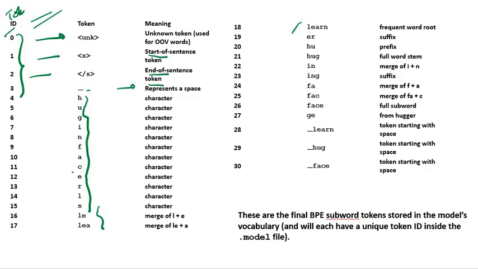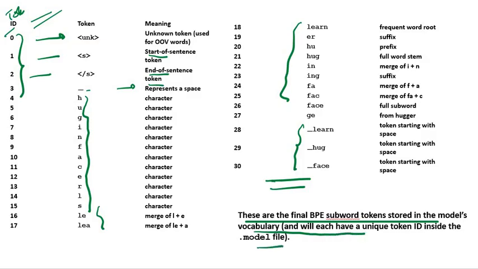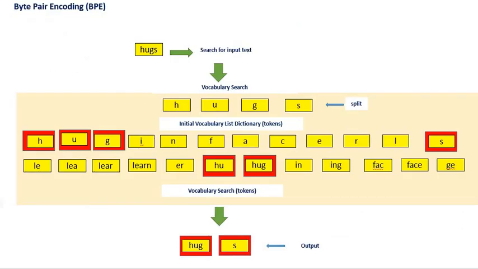So the entire summary is provided here, irrespective of the corpus I have shown. Finally, a total of 30 tokens has been formed from there. These are the final byte pair subword tokens stored in the model vocabulary, each with a unique ID generated inside the model file. Clear? And finally, let's say I search for input, like in the vocabulary, hugs.